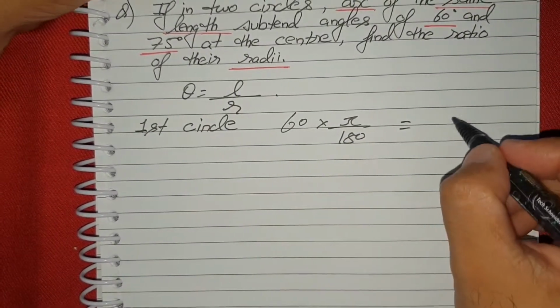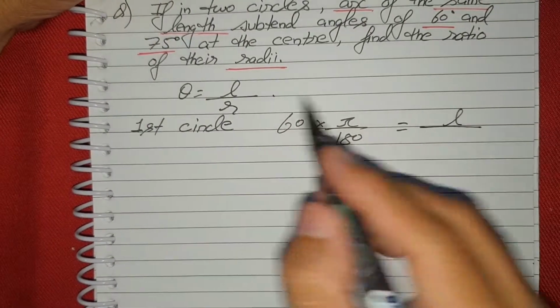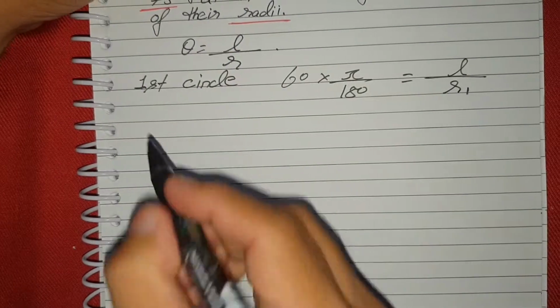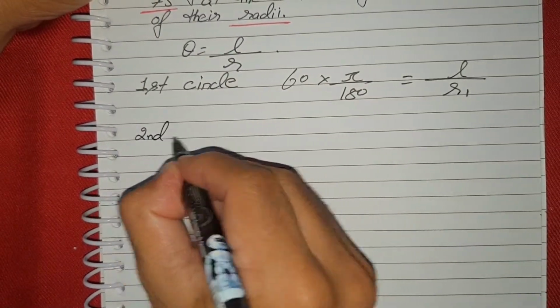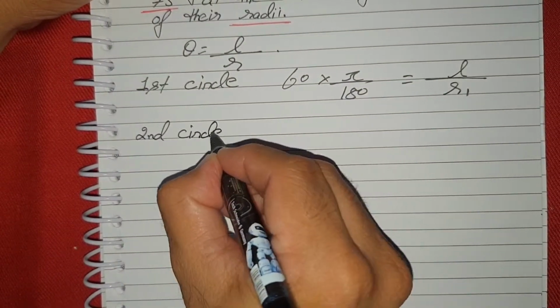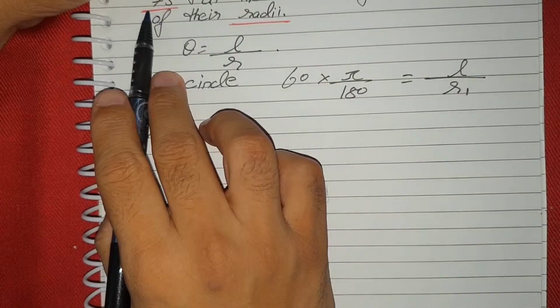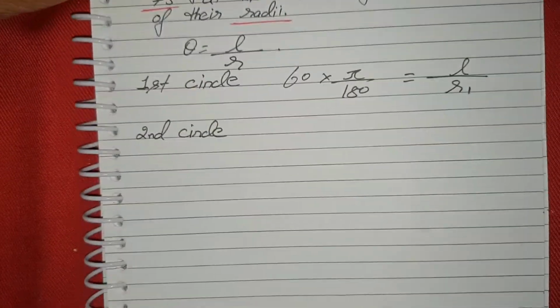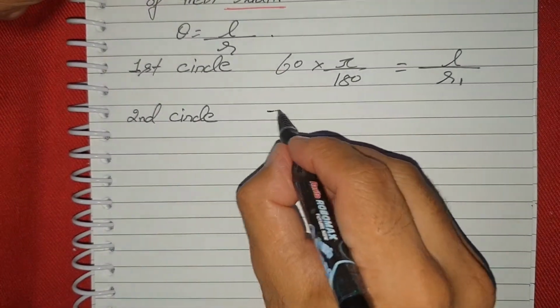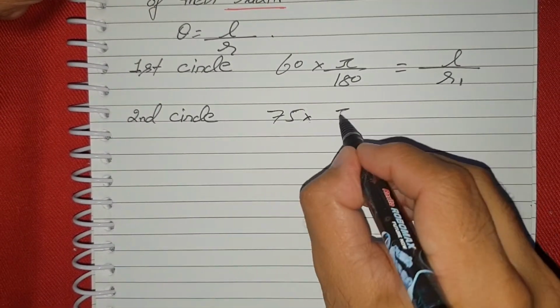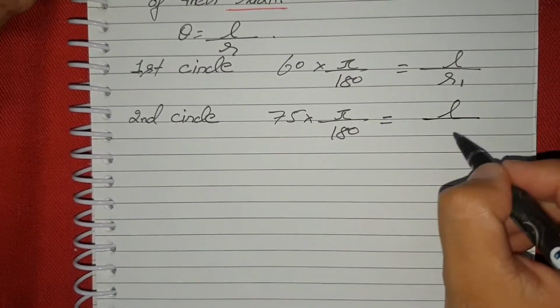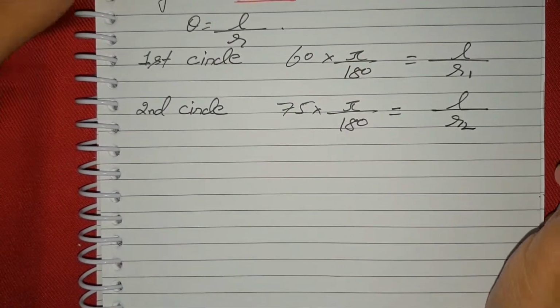Since L is same, we can take L as L only, but let the radius be R1. Now for second circle, this is 75 degree. So the angle will be 75 into pi by 180. Though the length is same, we can take the radius as R2.